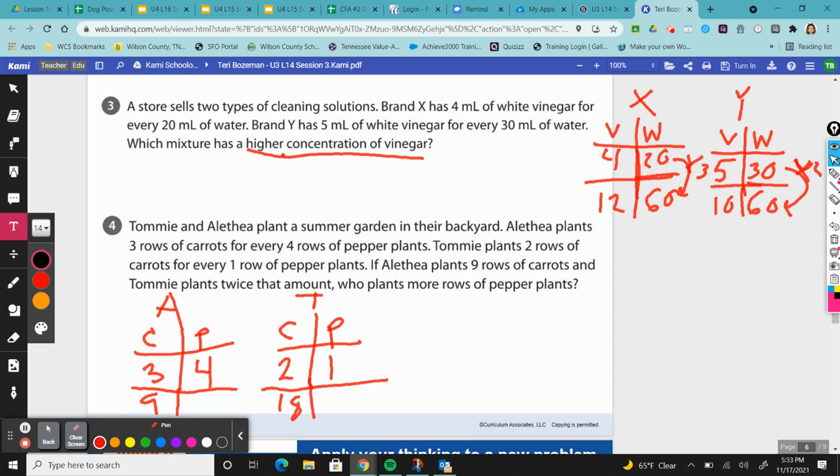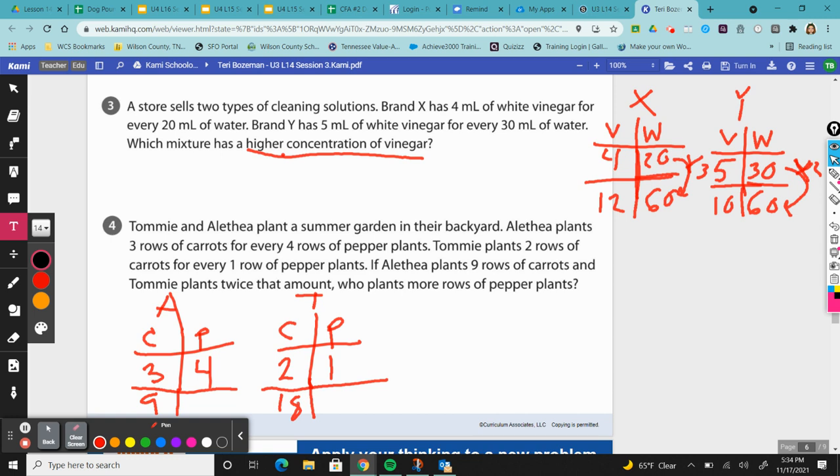So Tommy is 18 rows of carrots. Who plants more rows of pepper plants? So now we need to find our equivalent ratios. This one is not about making something equal to compare. They're giving you an ending goal here based on your ratio relationship.